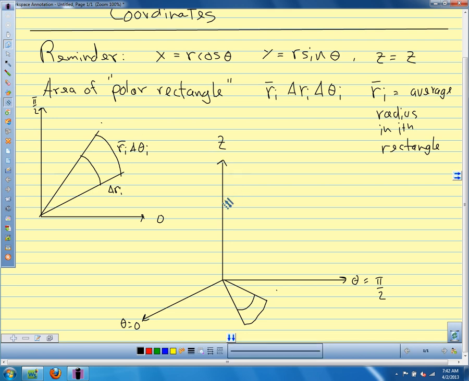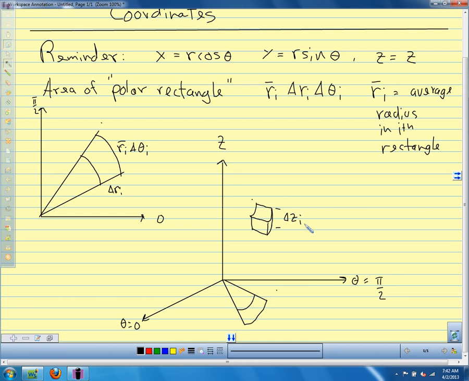And so we're going up onto the z-axis, and we're going to have a little kind of a cylindrical box is the way I kind of think of it. So there's our little cylindrical box. And the height here, this distance, is just delta z sub i.